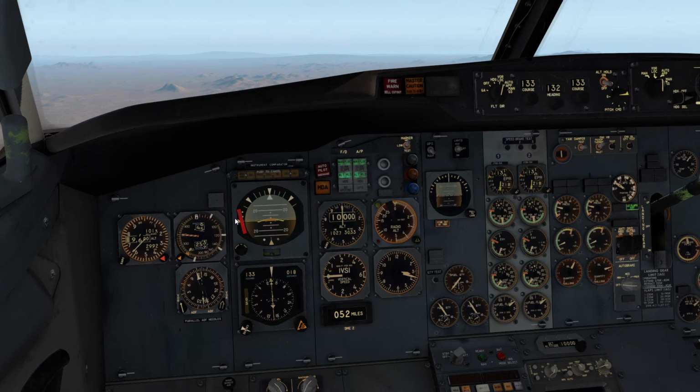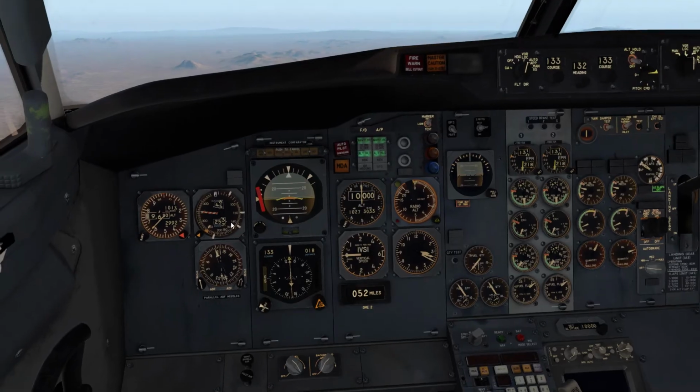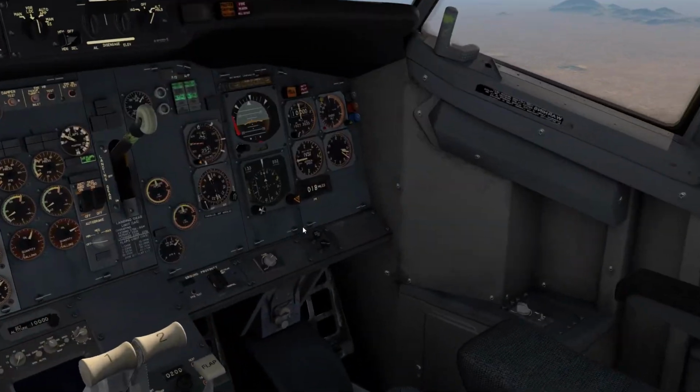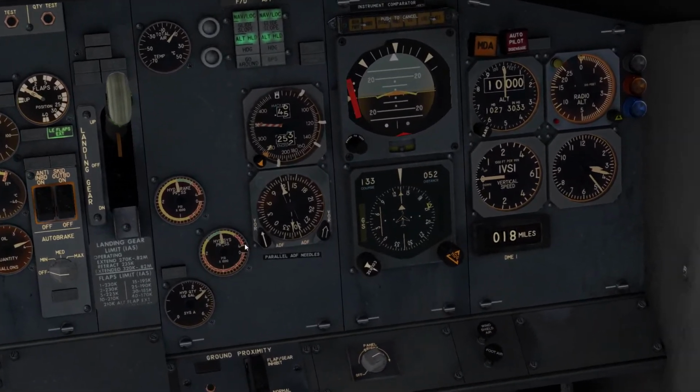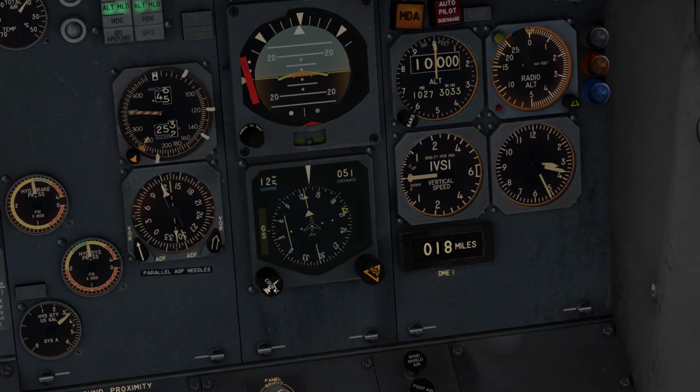Now there's a couple ways we can do that. I'm going to move over here to the HSI. We can look at the chart, or we can look at our HSI and spin in 288 right here, and we look at the tail and we see that it's going to be about, well, what's that, 108?